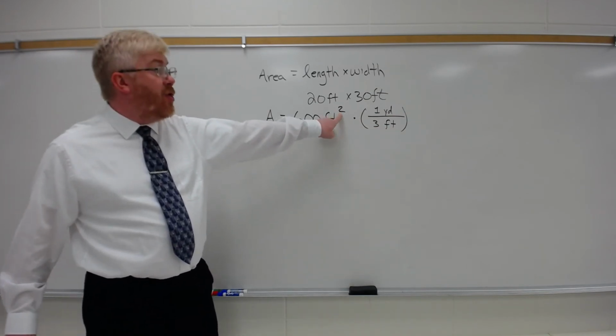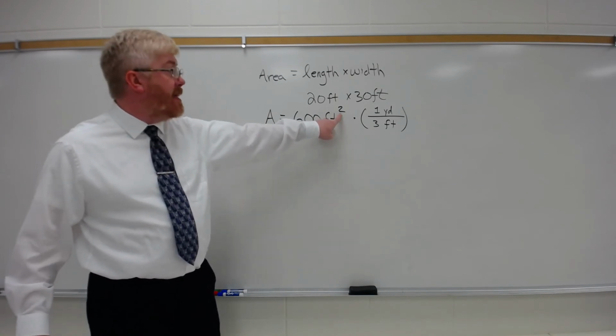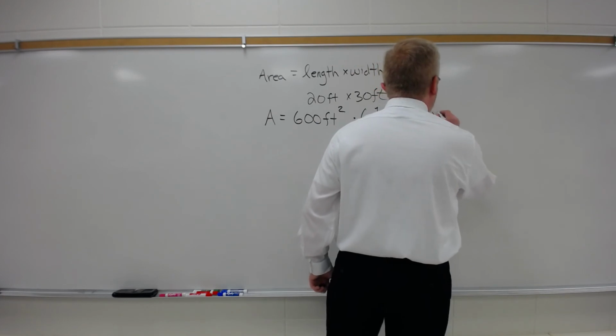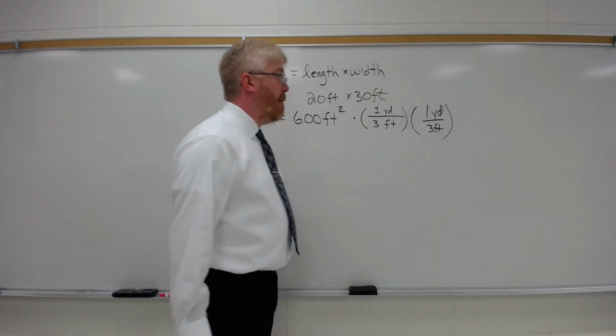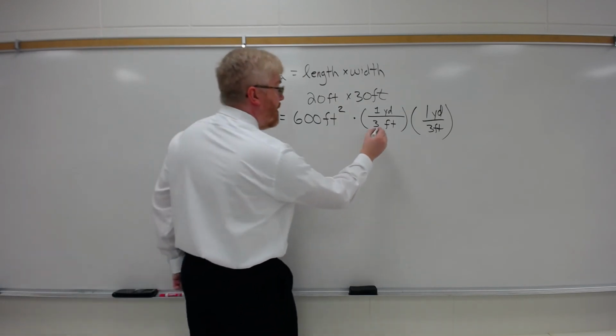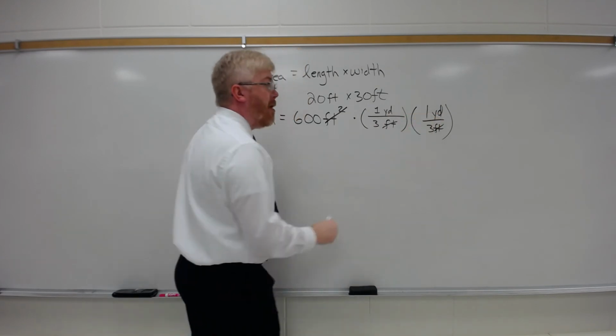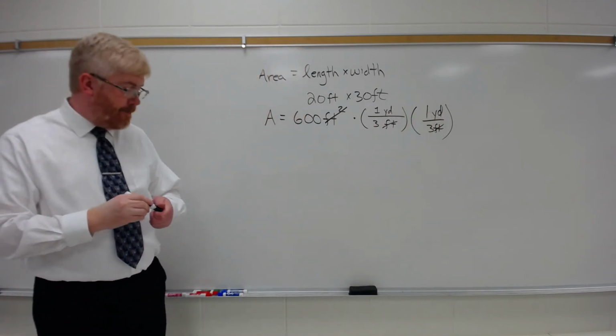There are 2 of them there. They're feet times feet. They're multiplied together. You need to get rid of both, so you have to do this again. These 2 feet cancel here. You have yards times yards, which gives you square yards.